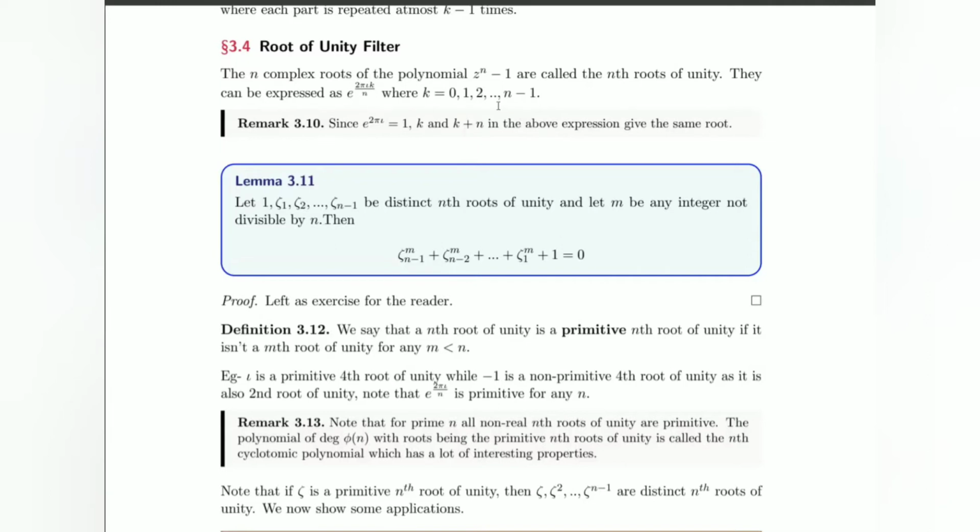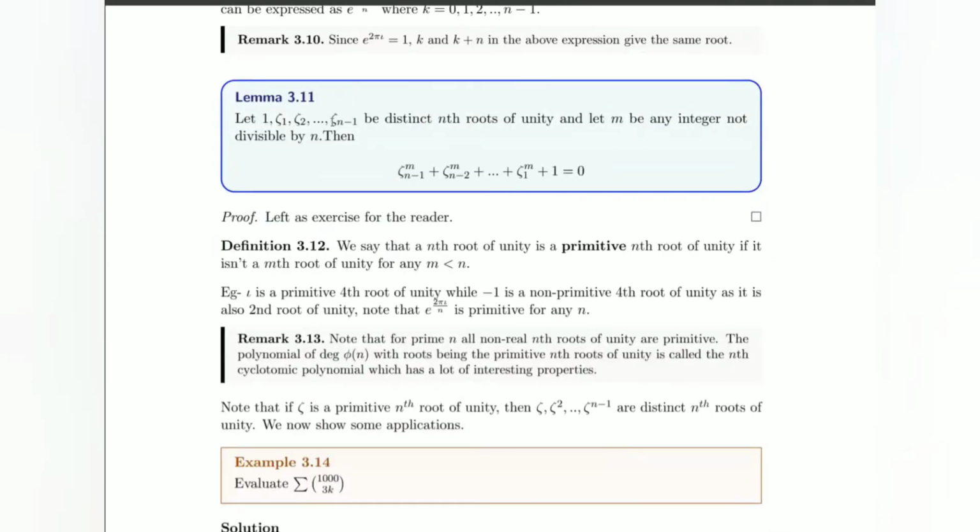So as long as j and k have different values modulo n, e^(2πij/n) and e^(2πik/n) will be different. Now, suppose 1, ζ1, ζ2, up to ζ(n-1) are all the nth roots of unity, and suppose m is an integer not divisible by n.